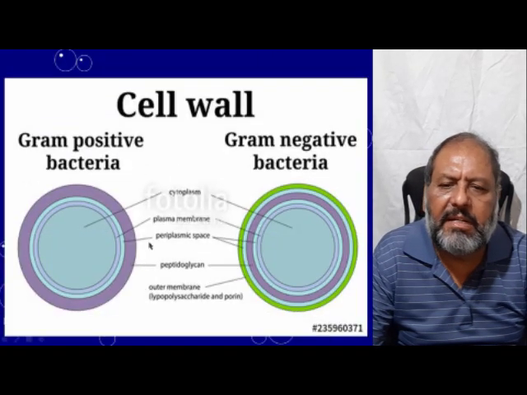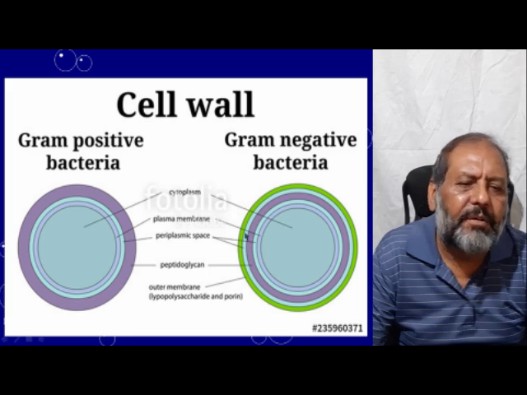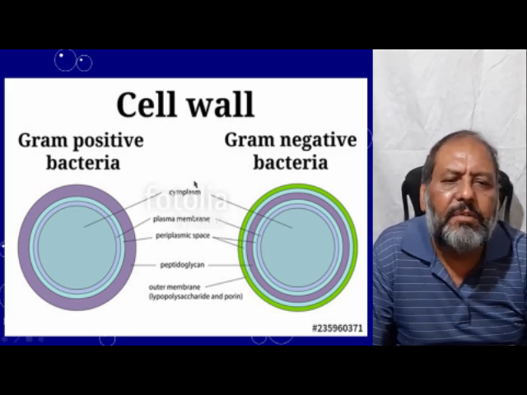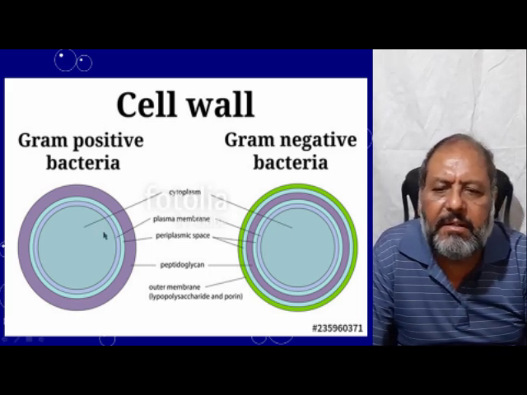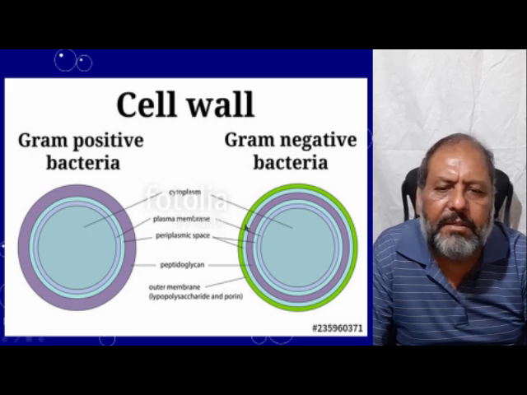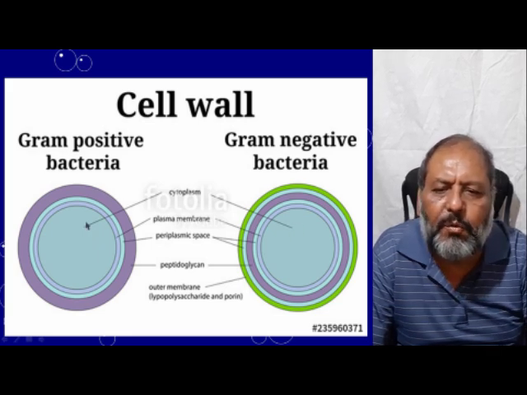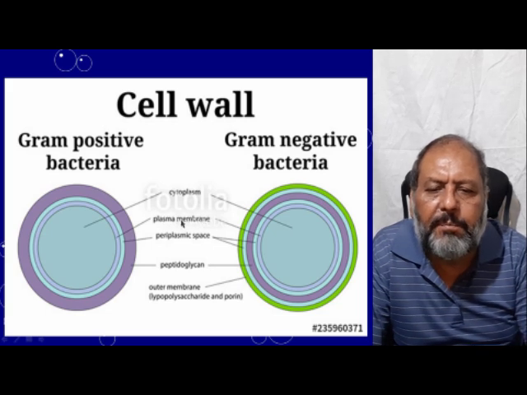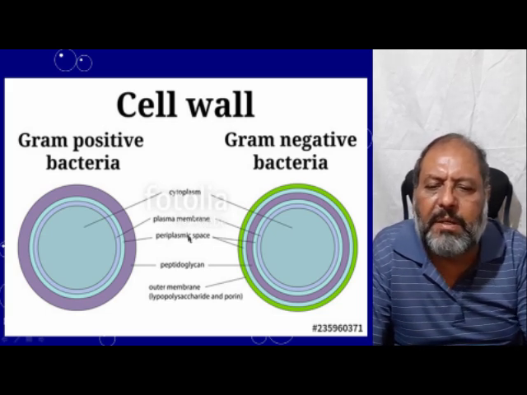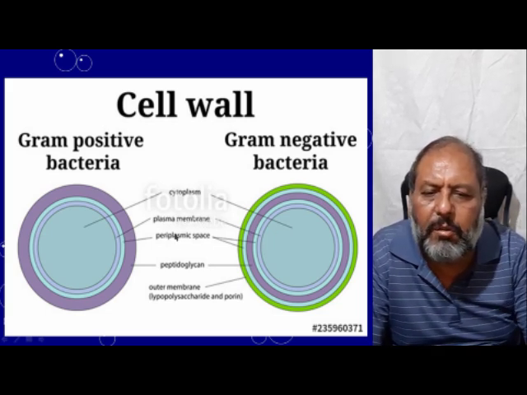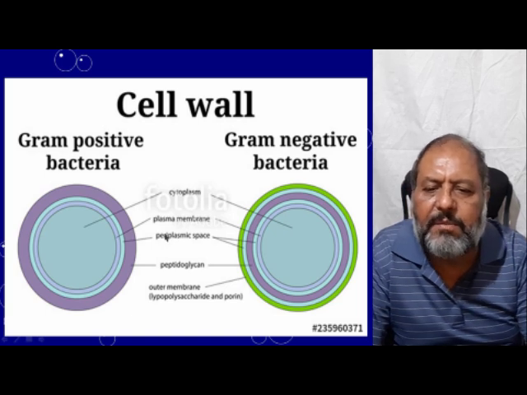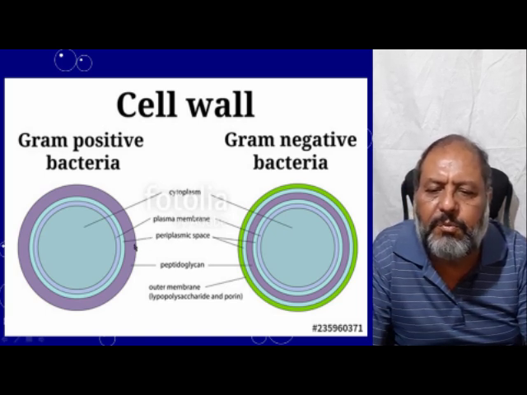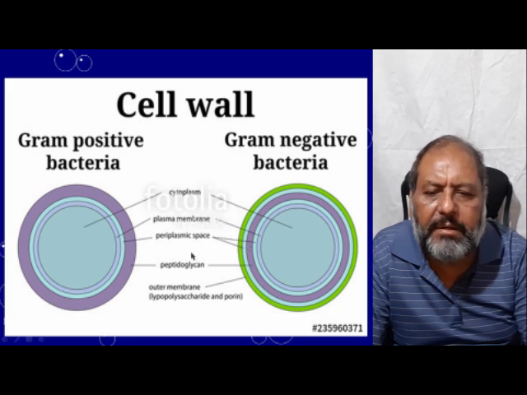So here one can see the difference of the cell wall structure of the gram-negative bacteria and gram-positive bacteria. As you can appreciate, the cytoplasm of both is present, then the plasma membrane or the cytoplasmic membrane is also present in both, then the periplasmic space, that is the space between the inner cytoplasmic membrane and outer membrane.